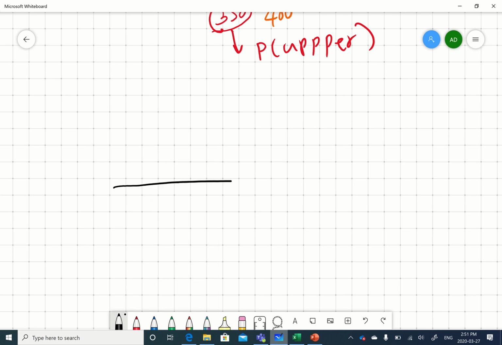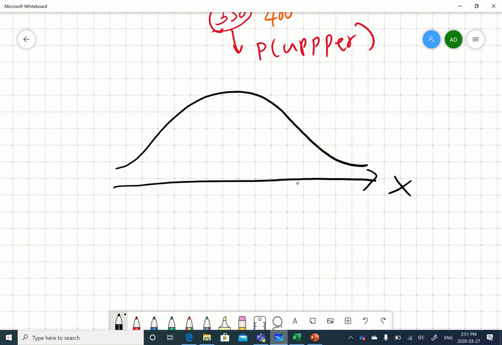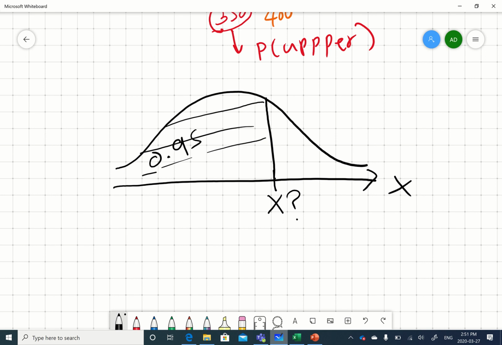I need to find out which x value, which value of the variable, has an area of 0.95 to its left. Now I know the area, and I need to know the x value which bounds it. This is a direct reading from Megastat.